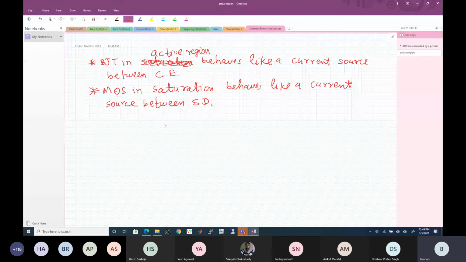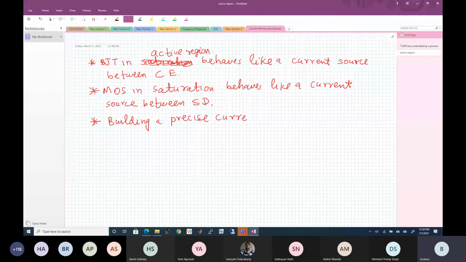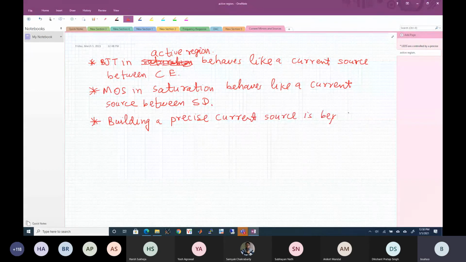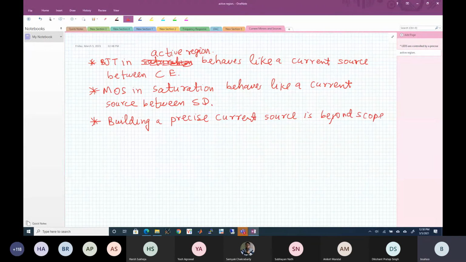Now, building a precise current source is beyond the scope of this syllabus, beyond the scope of this course.